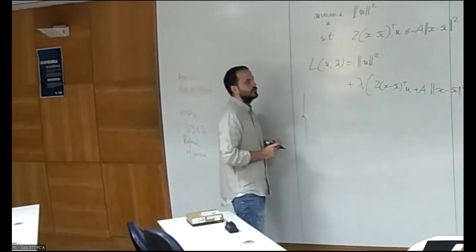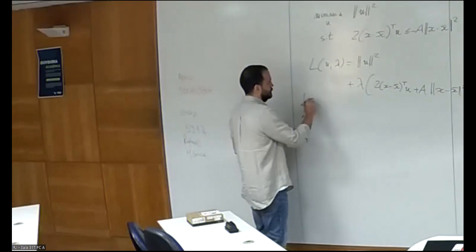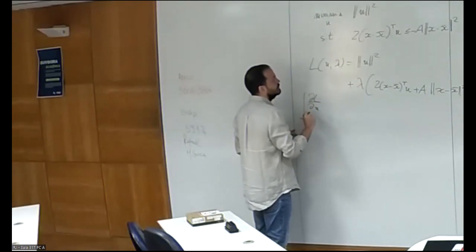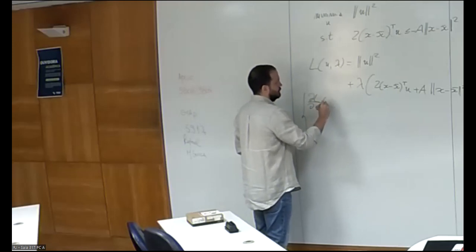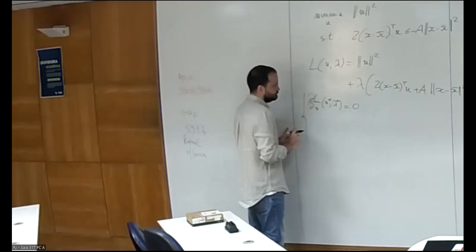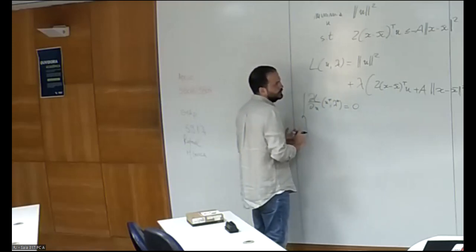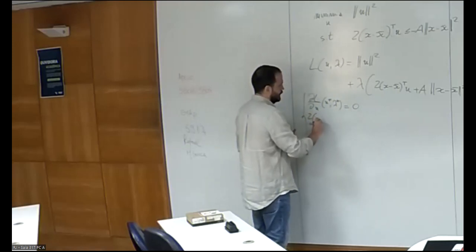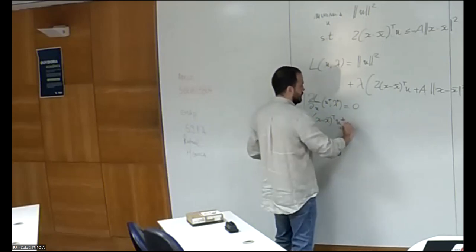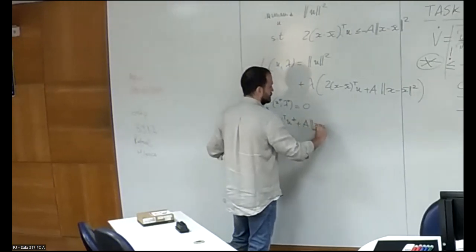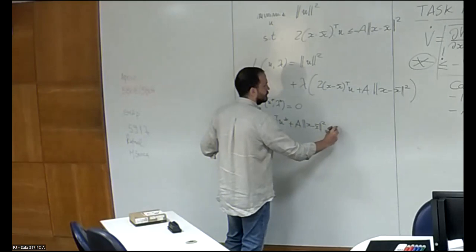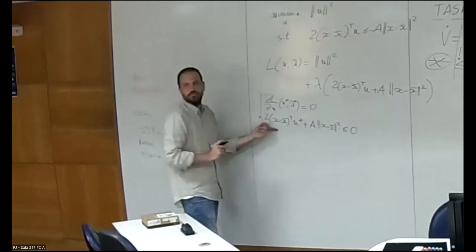Then the system of equations that we need to solve is the following: dL/du at u star, lambda star has to be equal to 0. Then we need that 2(x minus x bar) transpose u star plus a times x minus x bar squared be less than or equal to 0. That's the constraint.